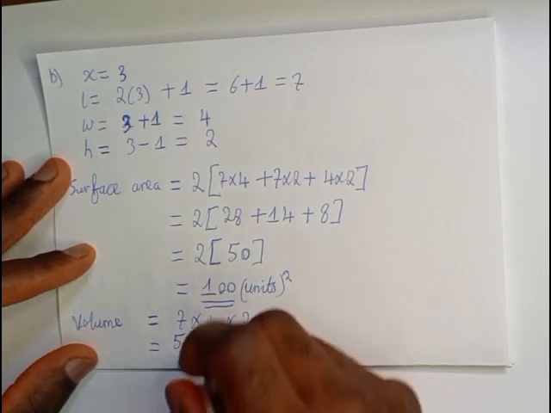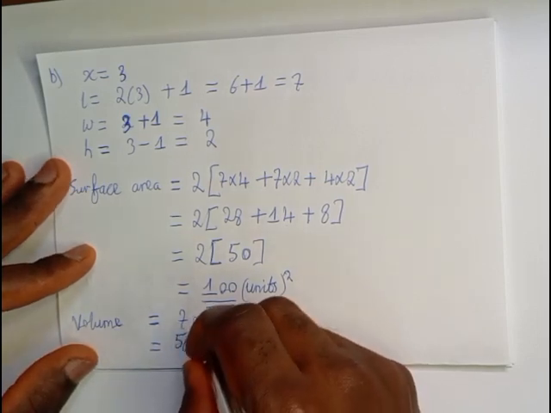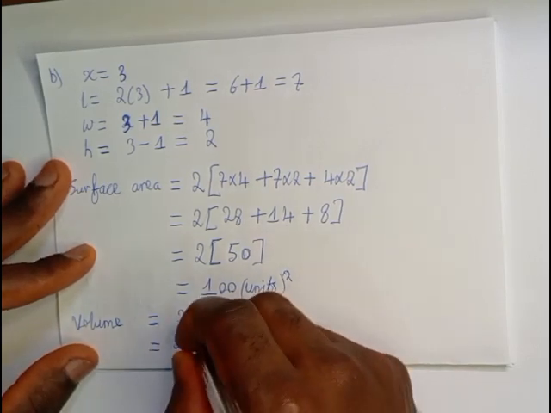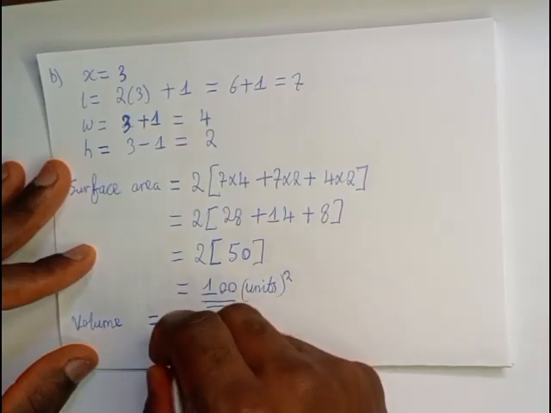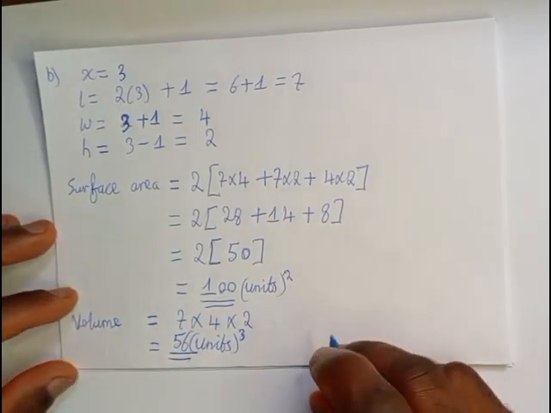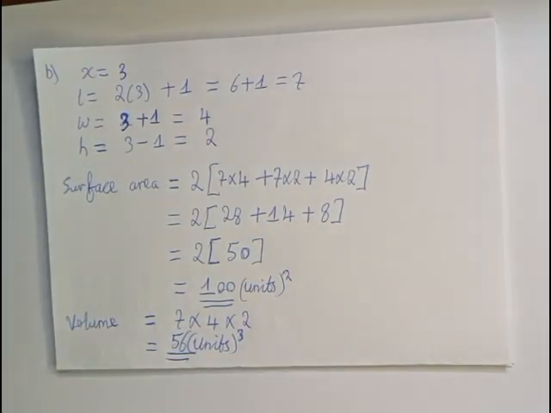Since we are calculating volume, volume is measured in units cube. Therefore, the exact value of the surface area is 100 units squared, and the exact value of the volume is 56 units cube when x is equal to 3 units.